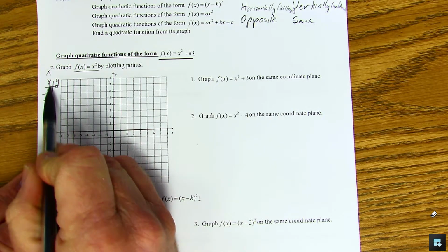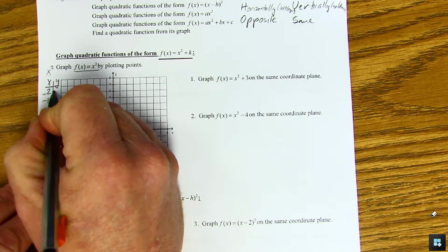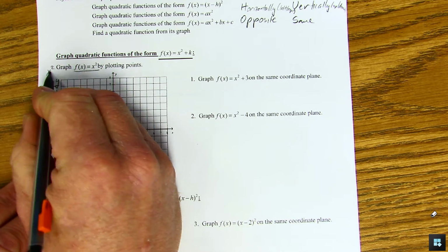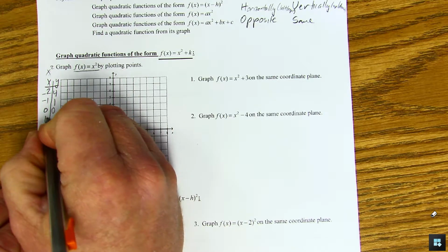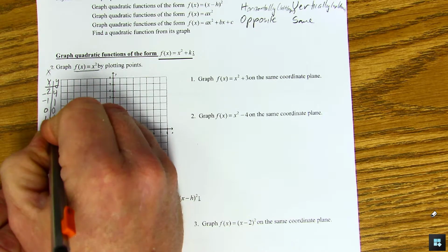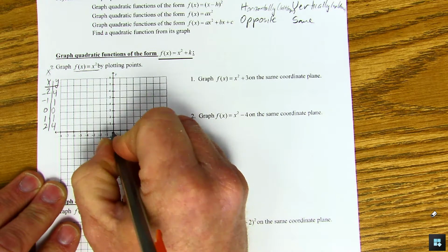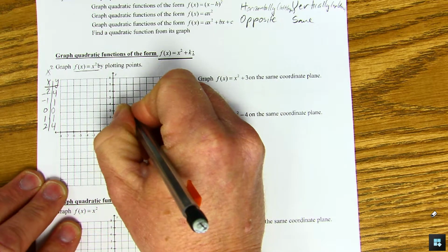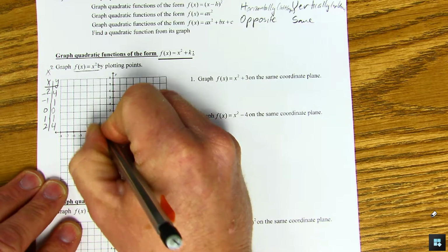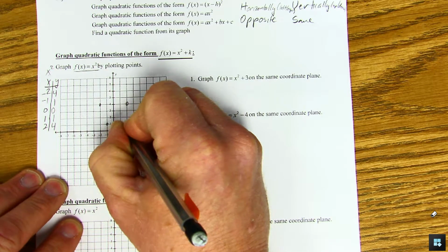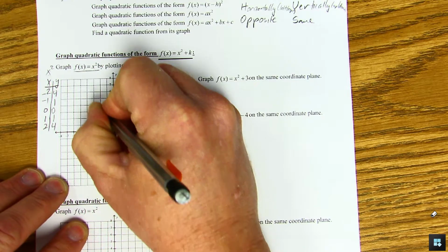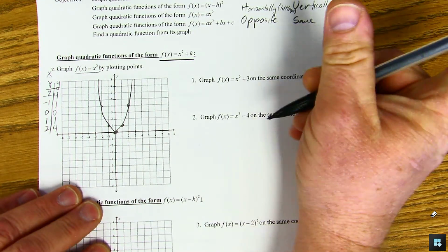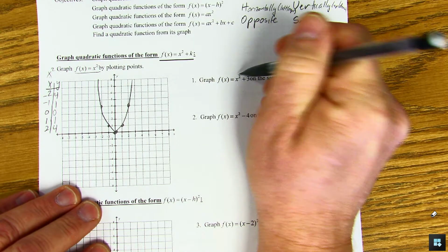Plugging in -2, -2 squared is 4. -1 squared is 1. 0 squared is 0. 1 squared is 1. 2 squared is 4. We know what this looks like. This is a parabola. Every x squared graph looks like that.